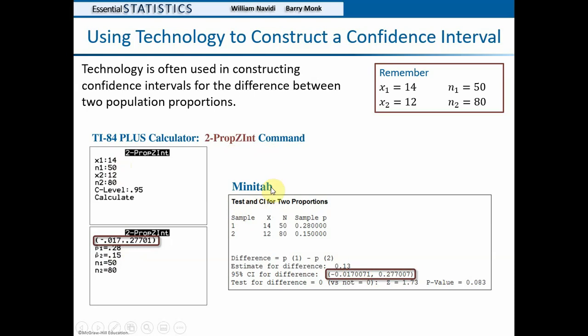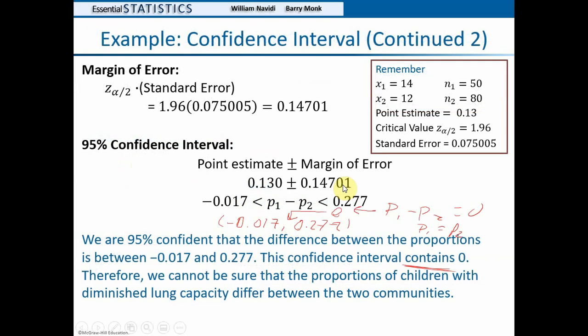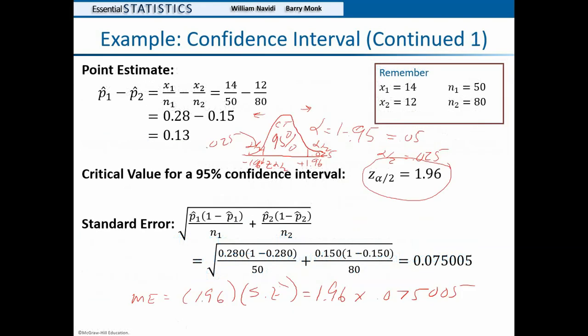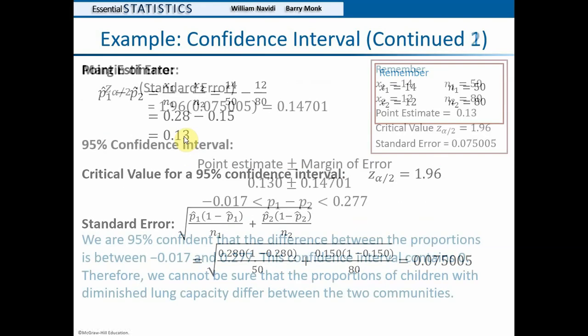Other outputs, the Minitab output, which is a popular statistics package. It gives you a test and confidence interval for two proportions. The difference, P1 minus P2, estimate for the difference was the 0.13. If we went back to here, there's the 0.13.